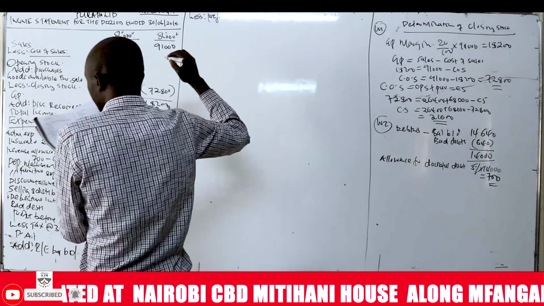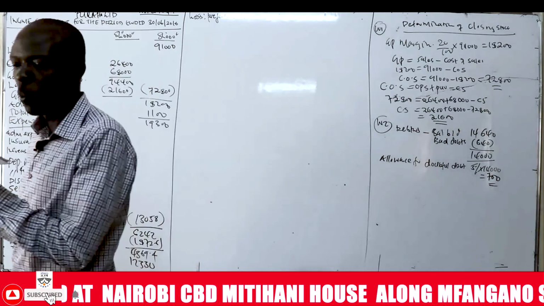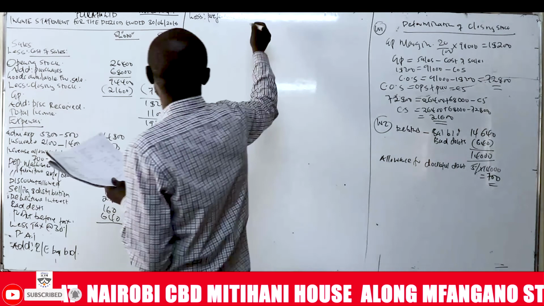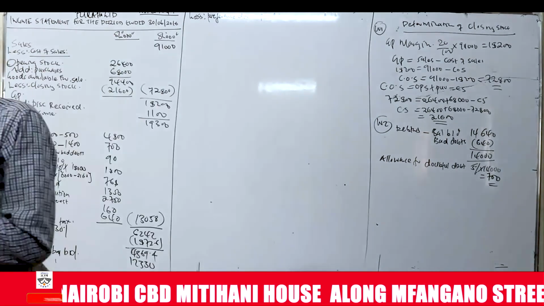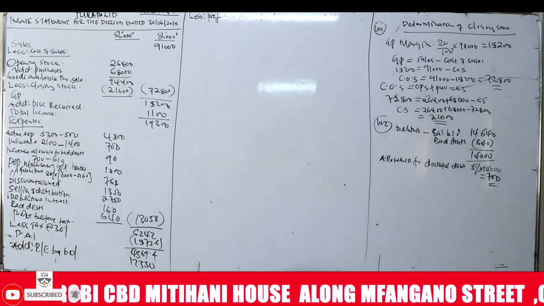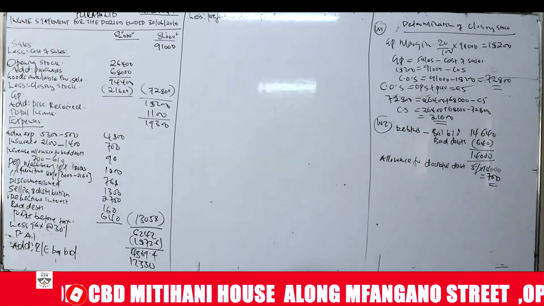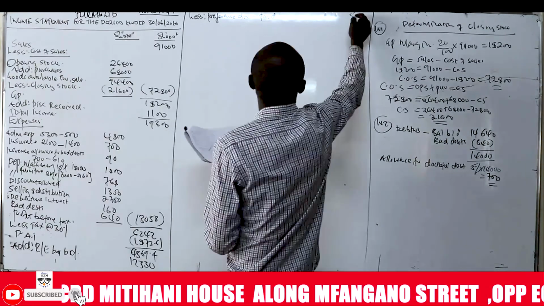We have the one that is paid. Where do you get the one that is paid? You get it from the trial balance. Do we have any dividend that is interim dividend? Preference how much? 800. So you less 800 here.